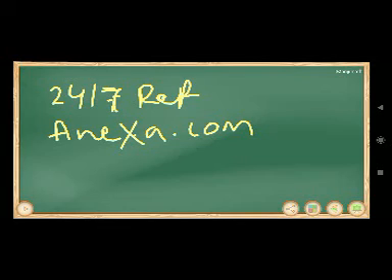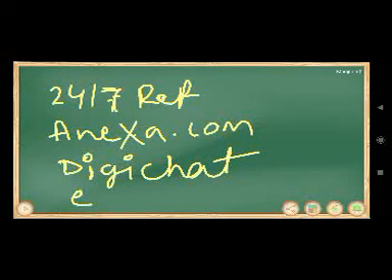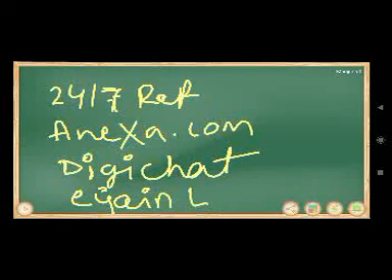We have Ask a Question, Ask Now, Ask Us Now. There are various ones: Digichat, Digita Chat, eGain Live. These are the various institutions or agencies providing such a service. So this is about digital.